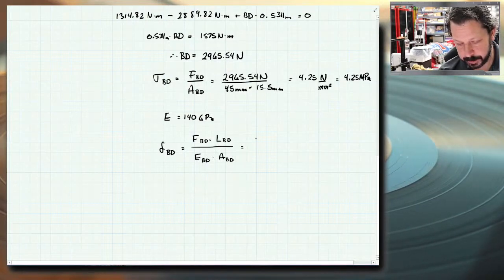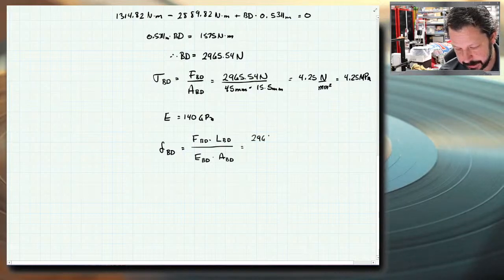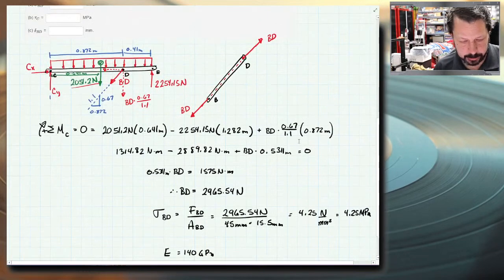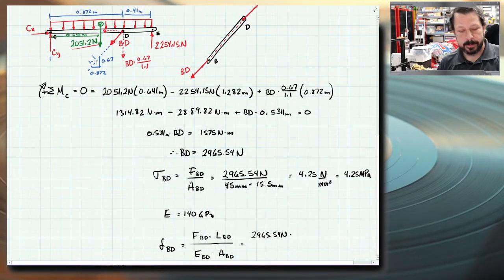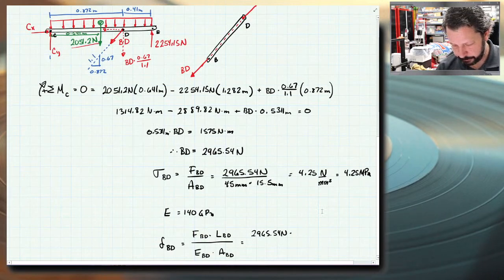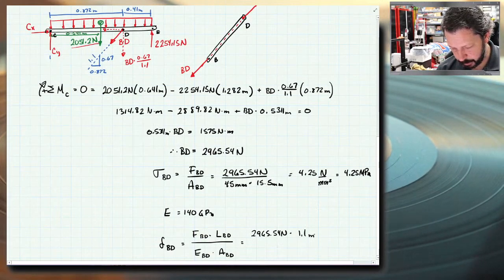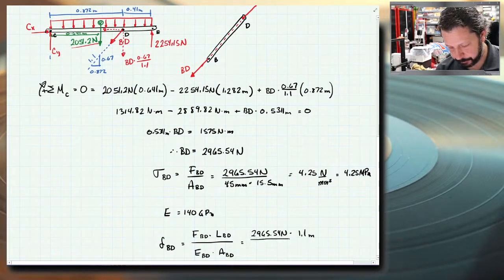So we have the force is 2,965.54 newtons. The length, I actually don't know. Oh, the length we do kind of know because we completed the triangle over here with the rise over run, so it's 1.1 meters is the length. I don't remember how much I rounded on that one.